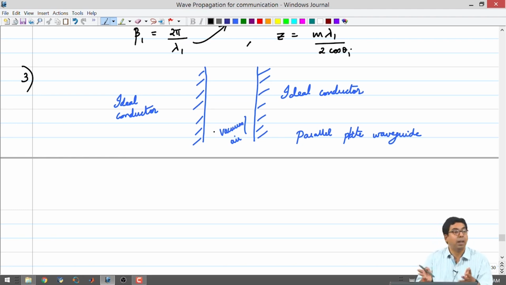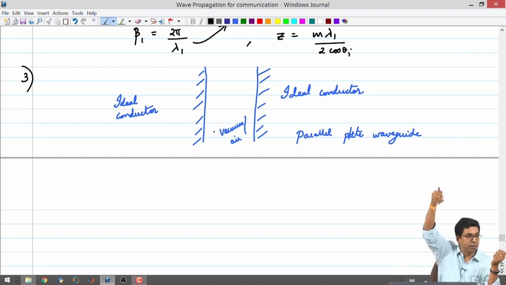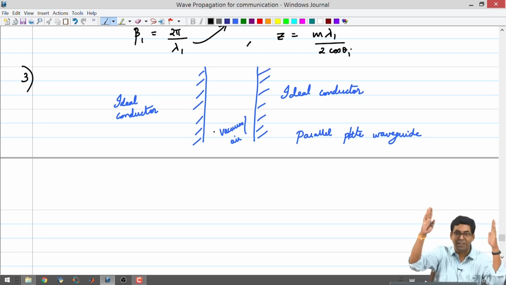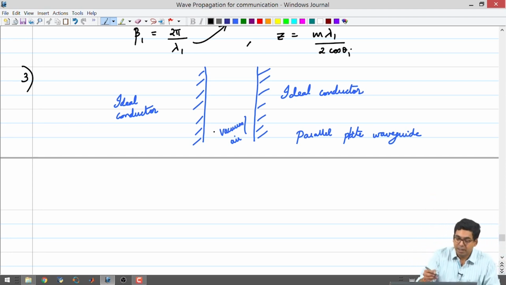So, it is not a fixed delay, it could be a variable delay. It could go all the way from infinite delay to almost no delay compared to a homogeneous medium if you launch it straight in between these two plates. So, it is a delay element, but it is a variable delay element if you do have control over the angle of launch of the electromagnetic wave.